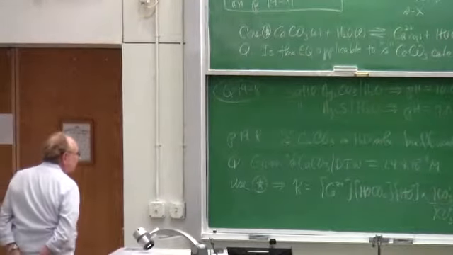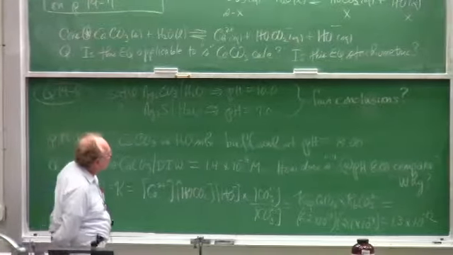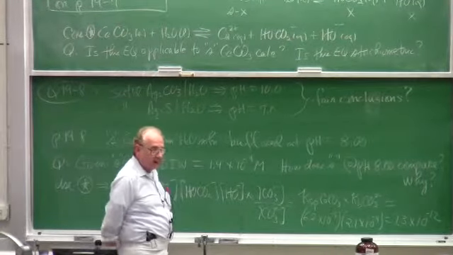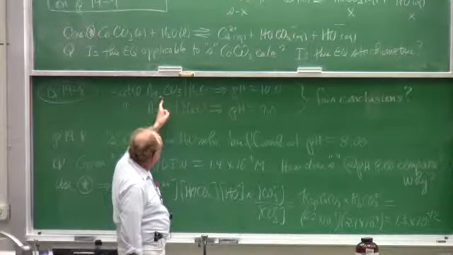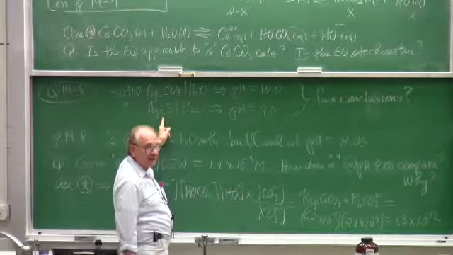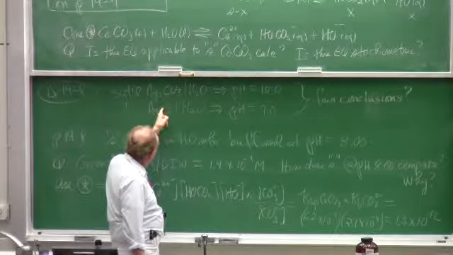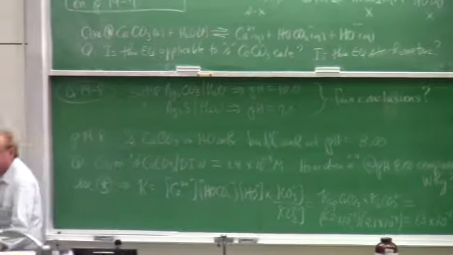Saturated silver sulfide in deionized water. pH is 7.0. What fair conclusions can we make about the relative solubilities of these two materials? And what fair conclusion can we make about the absolute solubility of this stuff? Sulfide is very soluble.